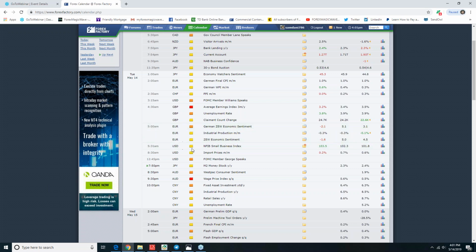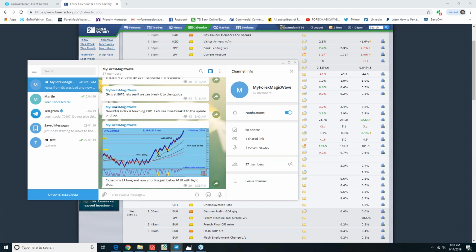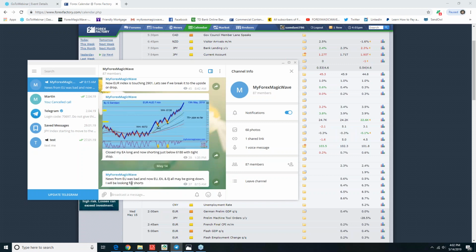So this started making the euro weaker, and this is what I posted in my Telegram: I think news from the EU was bad, and now EU, EA, and EJ may all be going down. I will be looking for shorts.